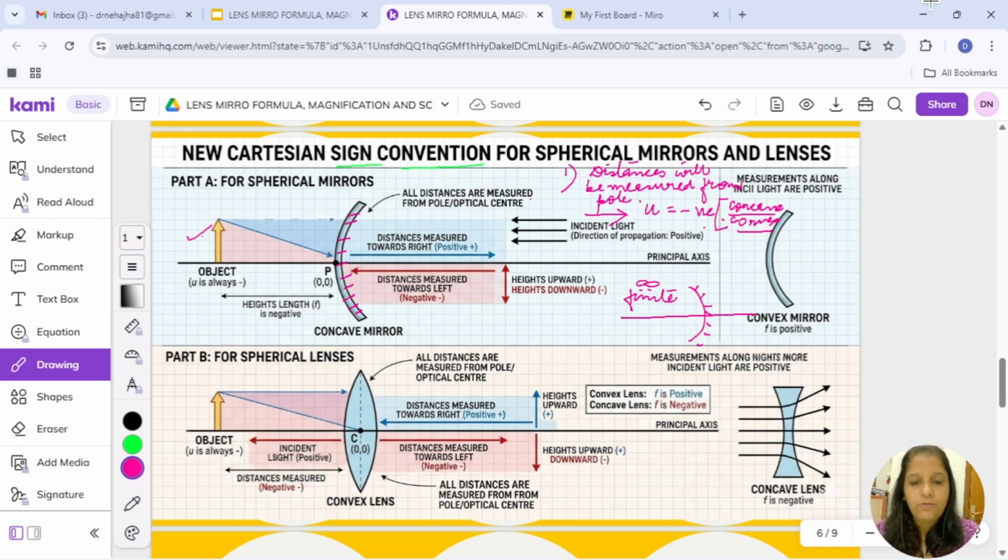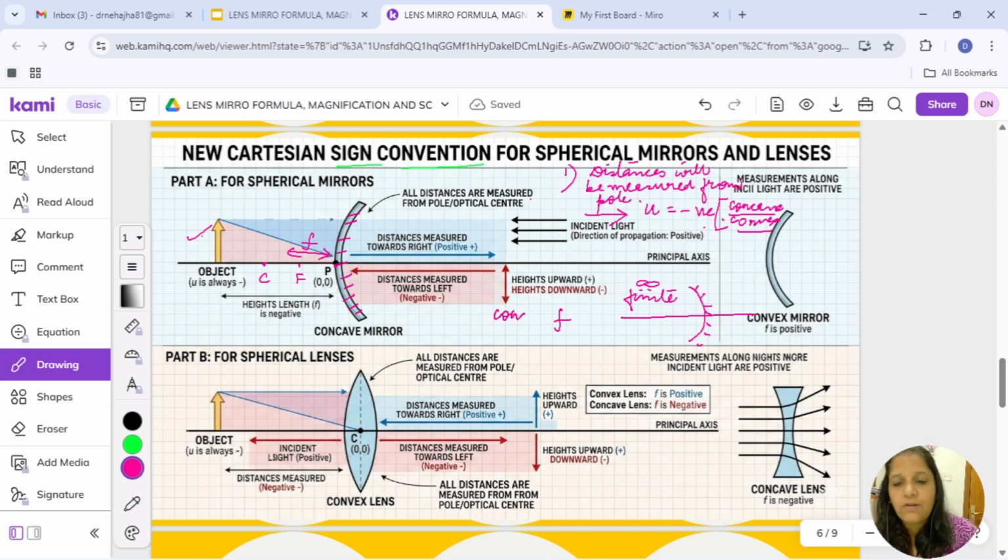Now let's talk about focal length. Here is the P. This point let's consider focus, and here we consider center of curvature. So in all the cases, the distance between P and F will be considered as the focal length, and this is on the negative side of the x-axis.